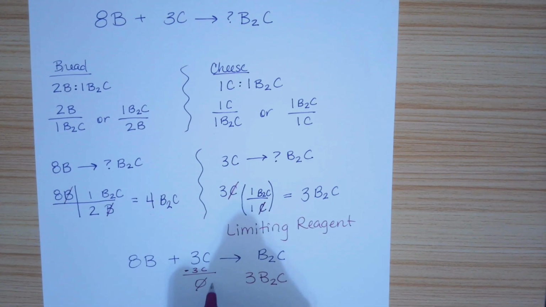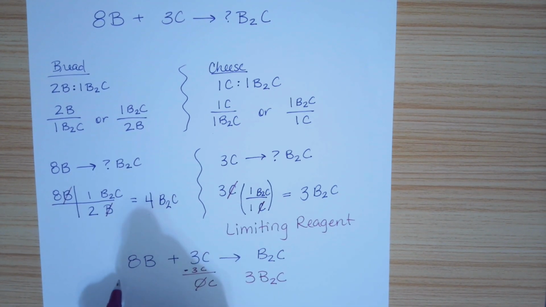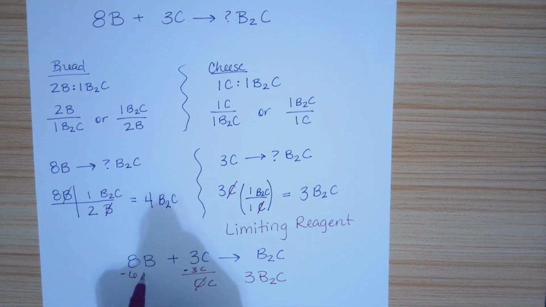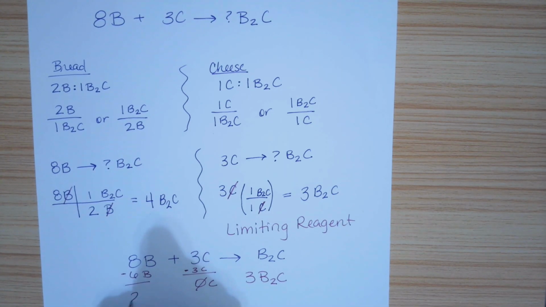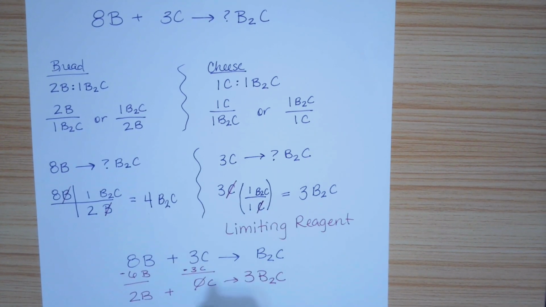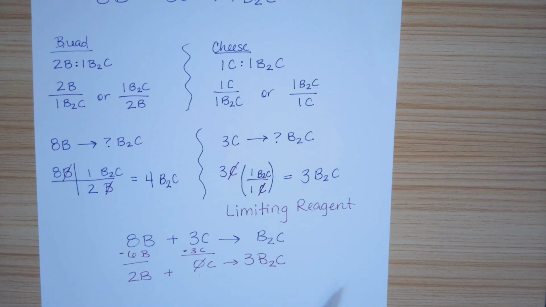So we have no cheese left. We had to use 6 slices of bread. We still have 2 slices of bread left. But because we don't have any cheese, we can't form any more sandwiches. So as a result of running out of cheese, the reaction, or in this case, the sandwich production, can no longer occur.